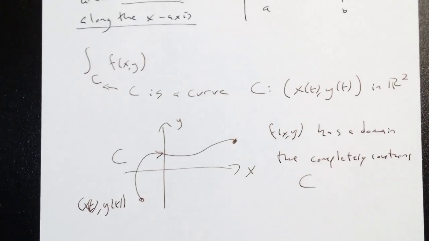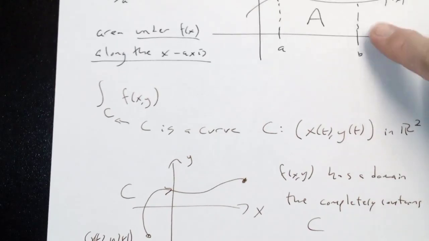So whatever the domain is for this function, all of the points of this curve are inside the domain. I don't have to worry about being undefined anywhere. The function f is defined on some region that encloses this curve. Now, normally we would ask, what's the volume under the surface for f of x, y, right? I don't want to do that. I want to try and do this picture.